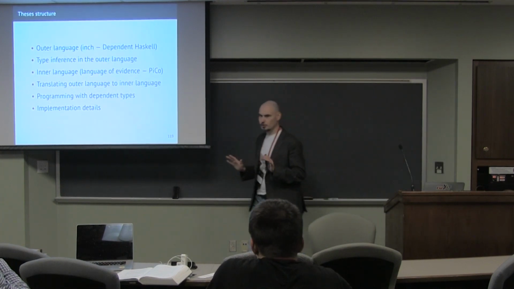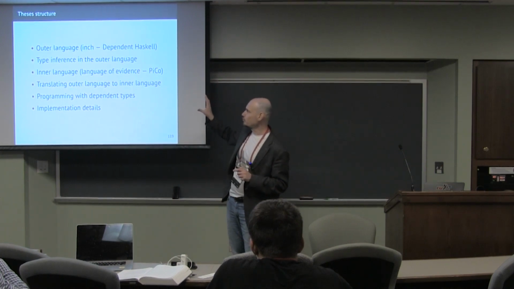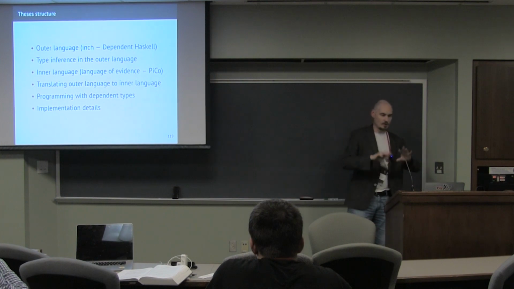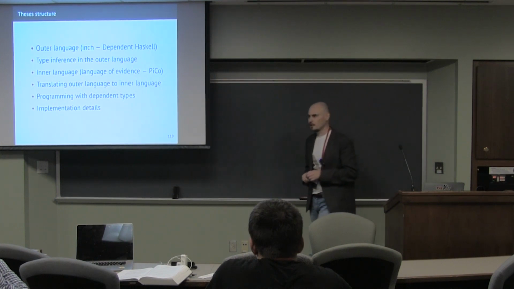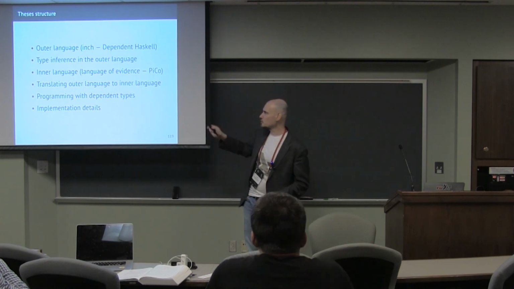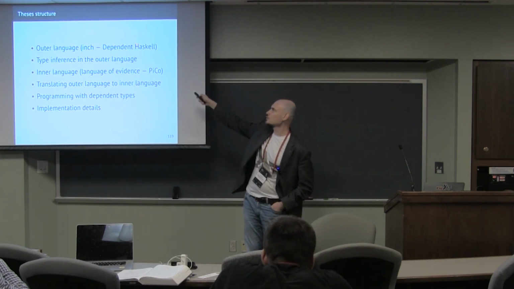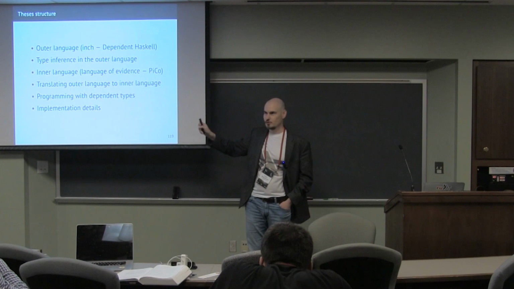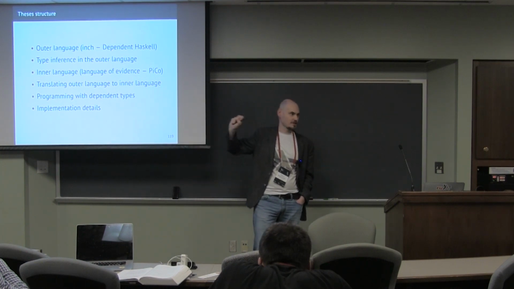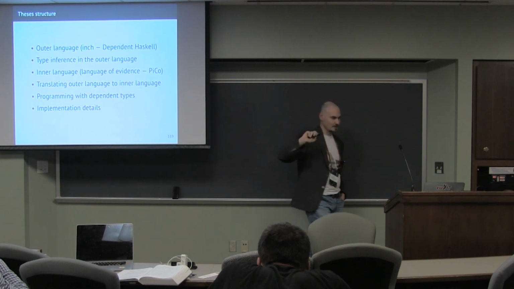They were very close to each other. This is the structure for both of them. So both papers defined an outer language, like a new language. It's some extension of Haskell. In the first thesis it was Inch, and here it was Dependent Haskell. So you see it's, well, a good name, but it was just a name without actual implementation.